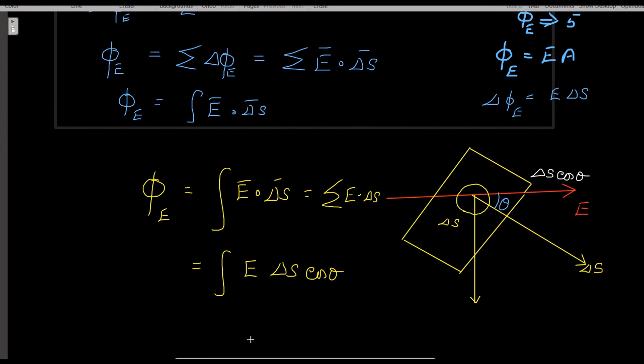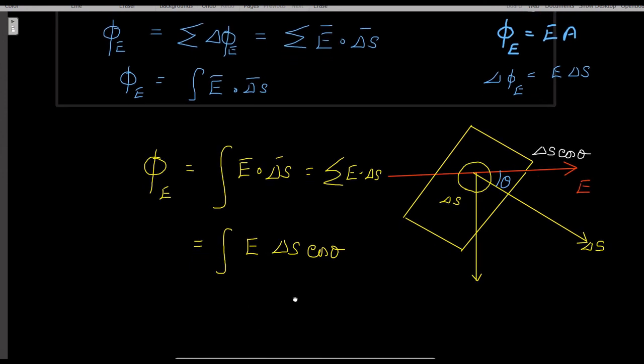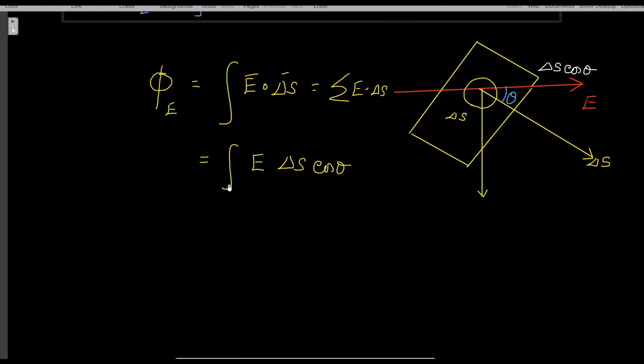So phi E is equal to the integration of E delta S cos theta. The same thing if we write in terms of dot product, again we get E dot delta S, which will be phi E. Thank you.